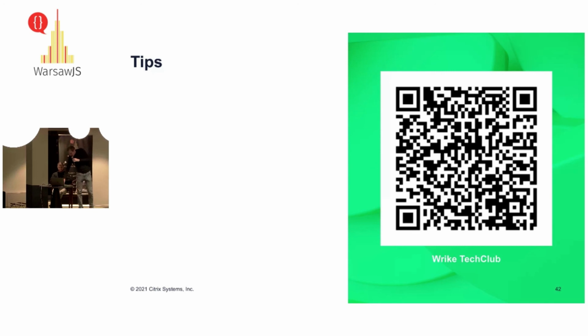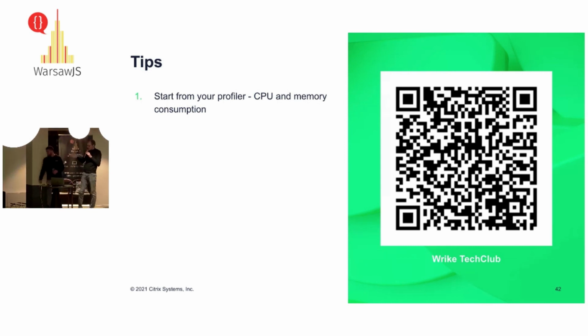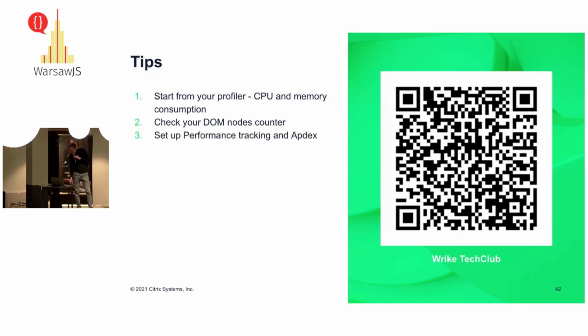And as an outcome of this talk, what if I did this again, how would I approach it? Sure, I would start from the profiler and check CPU and memory consumption on the device side. Check my DOM nodes counter and make sure it doesn't exceed 1,500 DOM nodes per page.